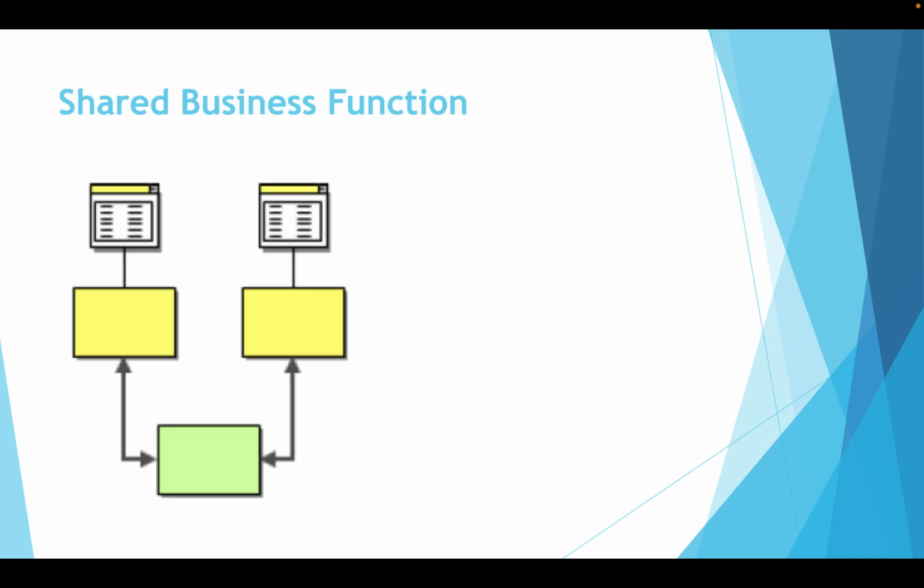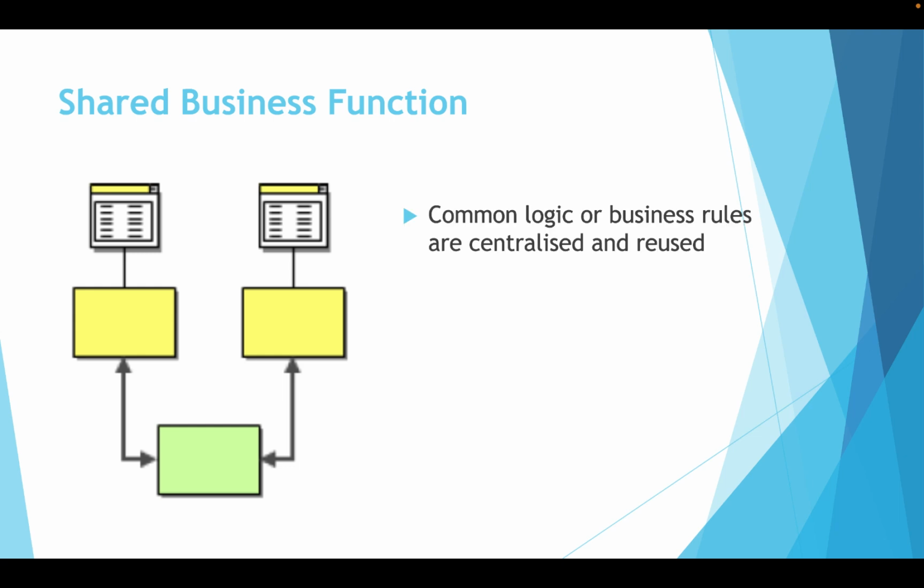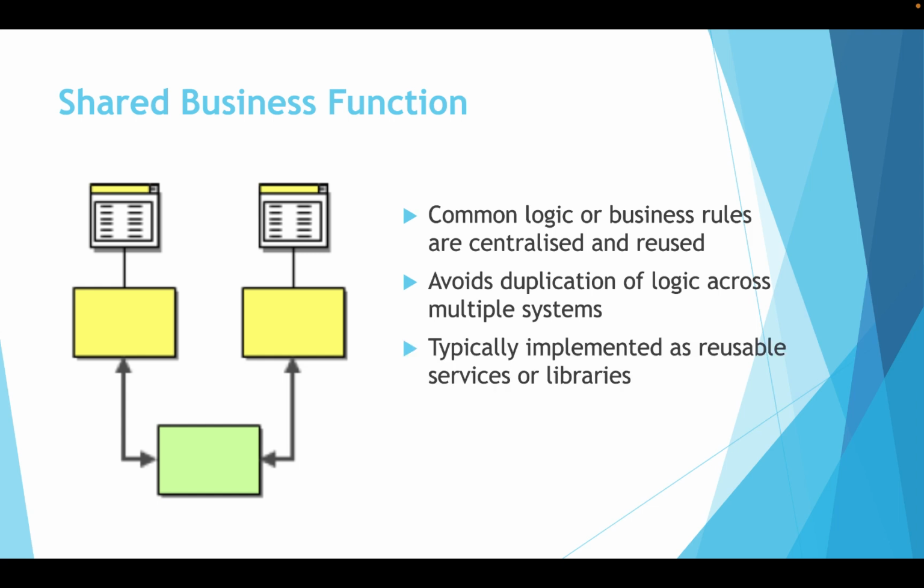The next one is shared business function. Basically, we have common business logic sitting in a centralized place that is used by multiple systems. It avoids duplicate logic across multiple systems, and typically implements reusable services or libraries.